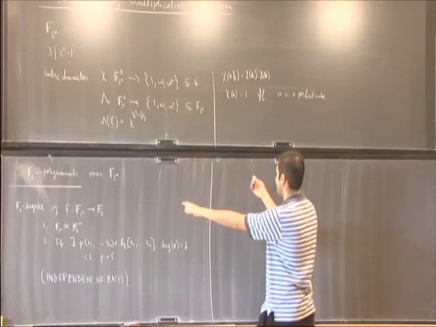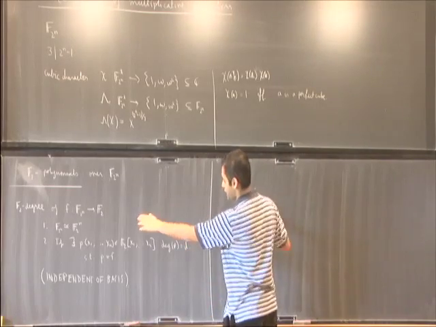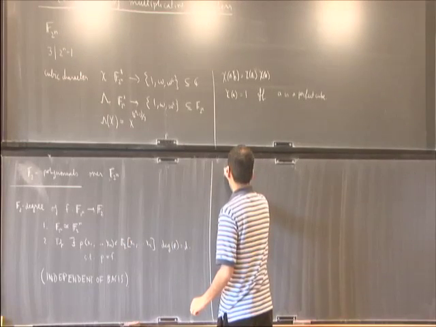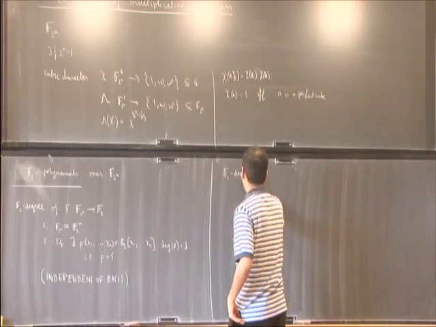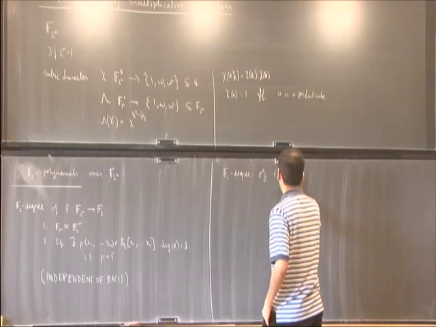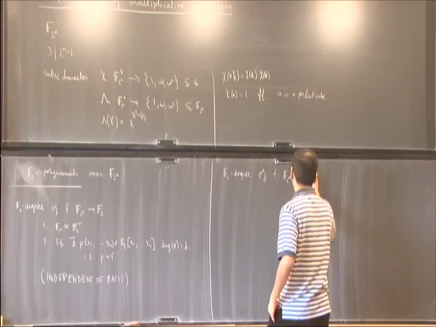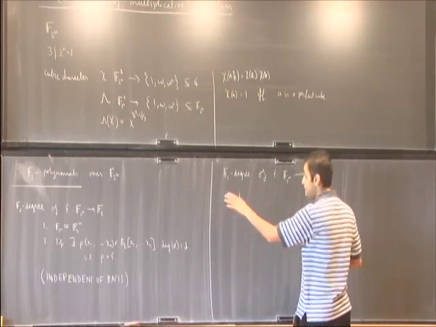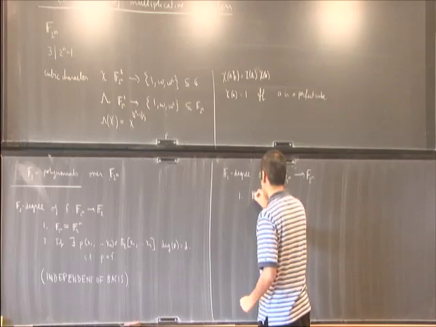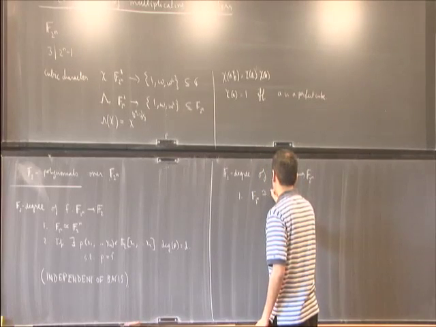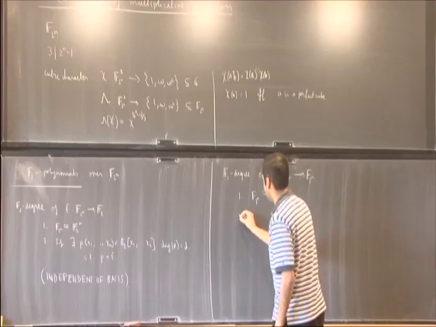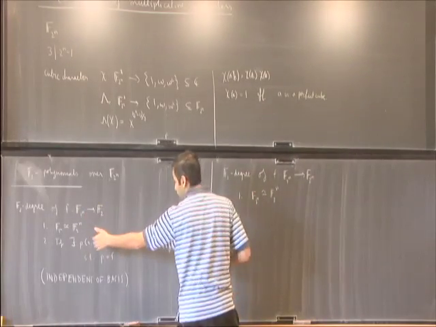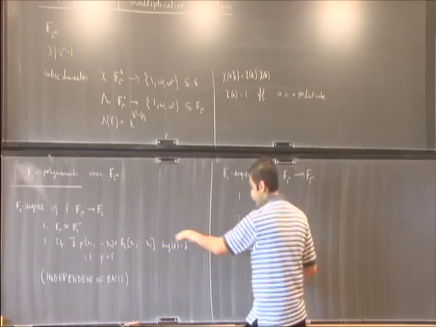Another notion that I want to look at is basically the same thing, but now for functions from F2 to the n to F2 to the n. So the F2 degree of a function f from F2^n to F2^n. The definition is again very similar. I'll pick bases on both sides, arbitrarily, and then I look for representations of f as a tuple of n polynomials in n variables over F2.